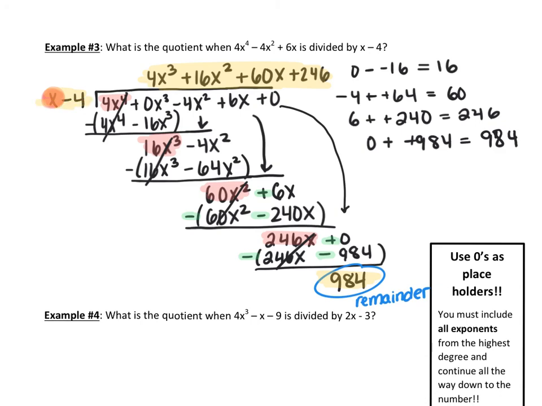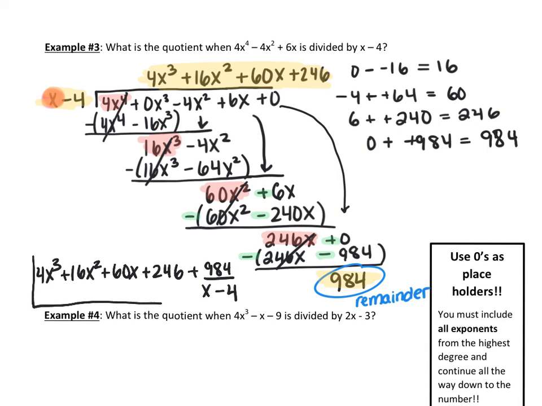So my answer is 4x to the third plus 16x squared plus 60x plus 246 plus my remainder, 984, over my divisor of x minus 4.